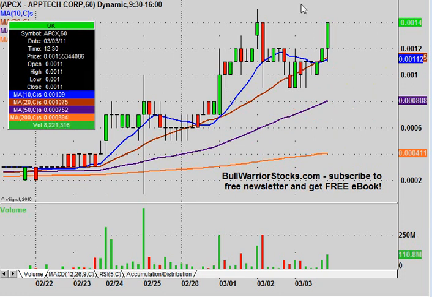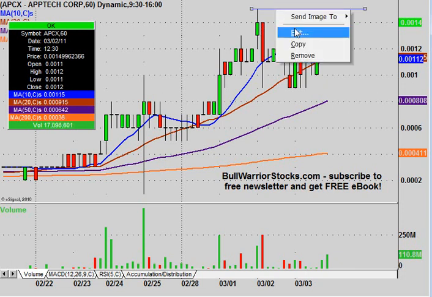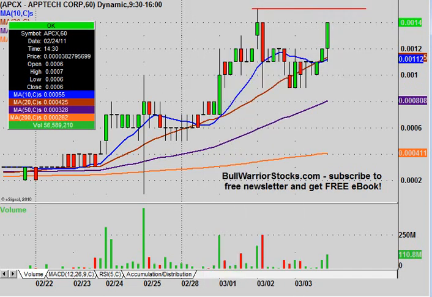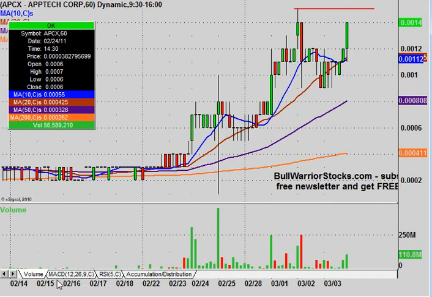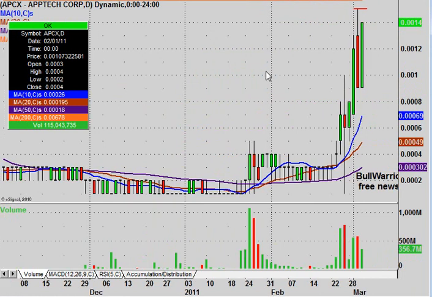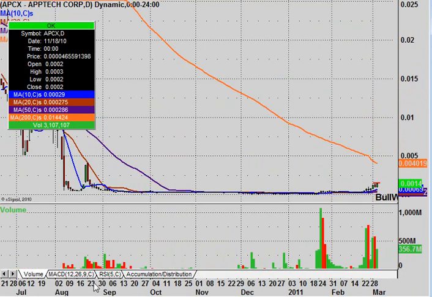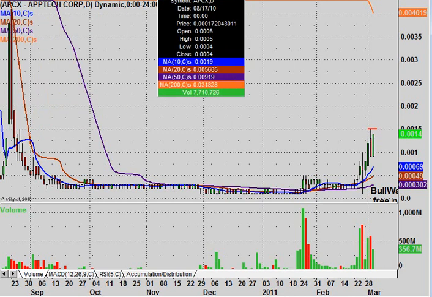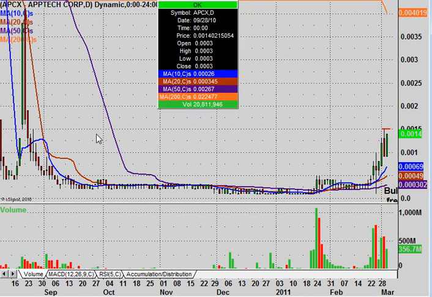Now moving on to resistance levels. There is resistance right now, just up here obviously at the previous high, which is at 0.0015. And after that, this is where we may have to go to the daily chart. Let me check. Yeah, let's see what the daily chart shows us. So it's looking like after this breakout here, essentially it would just be blue sky breakout territory.